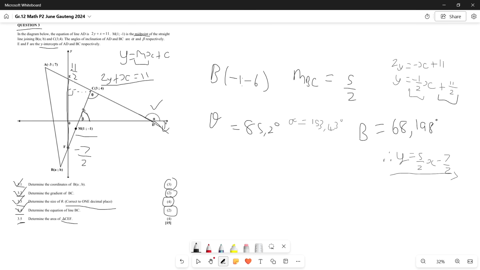We don't have to use the distance formula because they are on the same vertical plane. There's no change. They aren't diagonal like this guy, which means that 11 over 2 plus 7 over 2 gives us 9 units there for the length of EF.